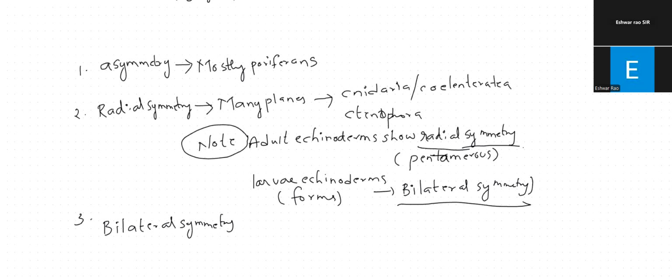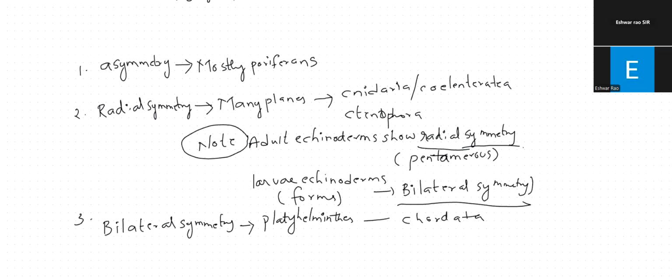Bilateral symmetry starts from phylum Platyhelminthes to phylum Chordata.